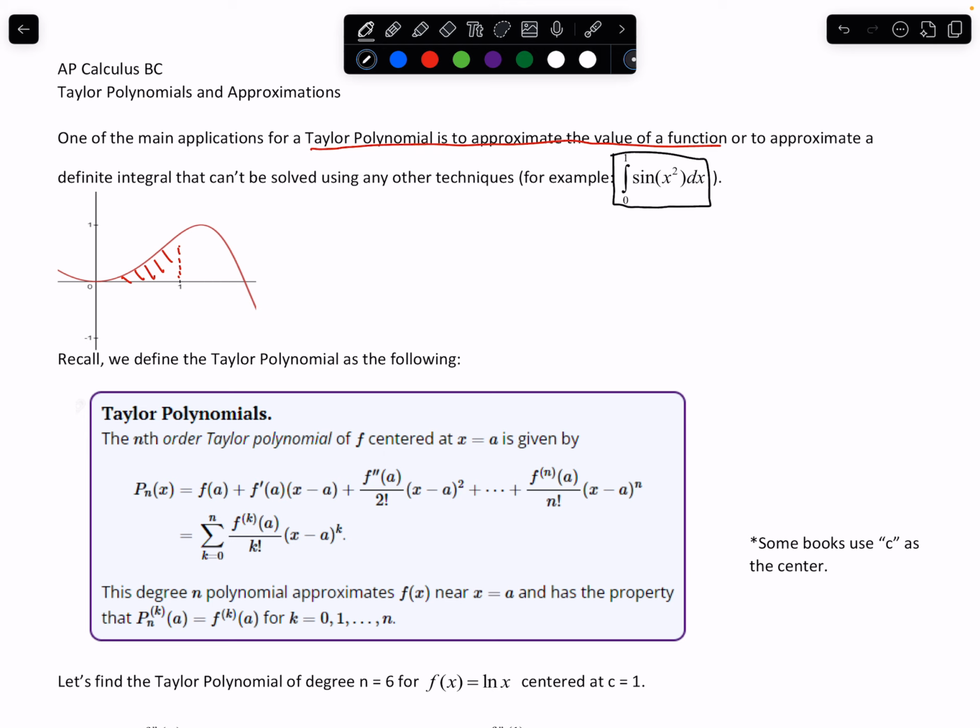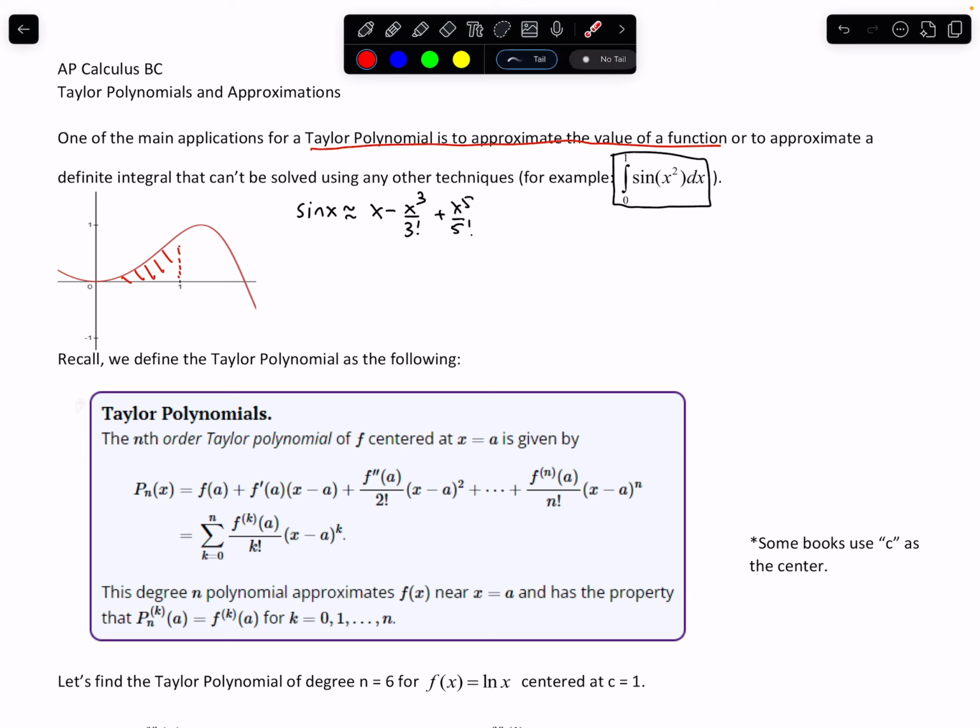So we can use Taylor, because in a previous video, we showed that we can approximate the sine of x with the polynomial x minus x cubed over 3 factorial plus x to the fifth over 5 factorial.